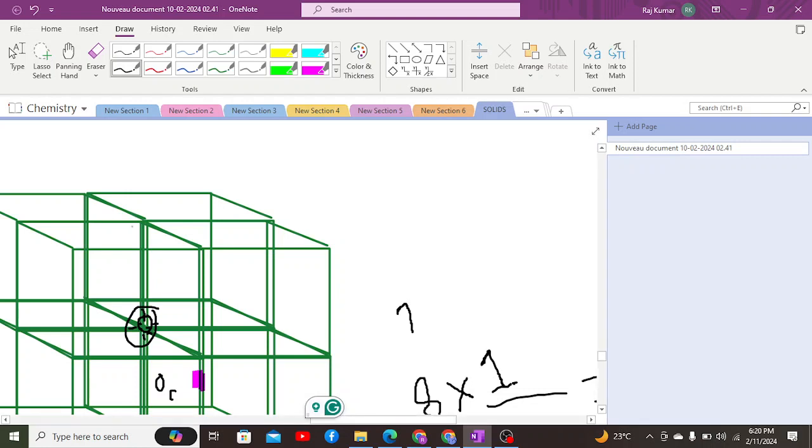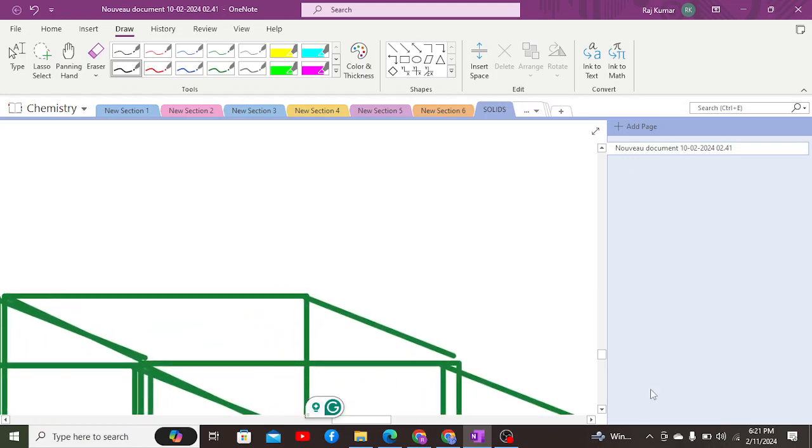As you can see, there are 12 edges, and on each edge we put one atom. When the atom is present on the edge, that atom would be shared by four edges. Now you'd be wondering how four edges.